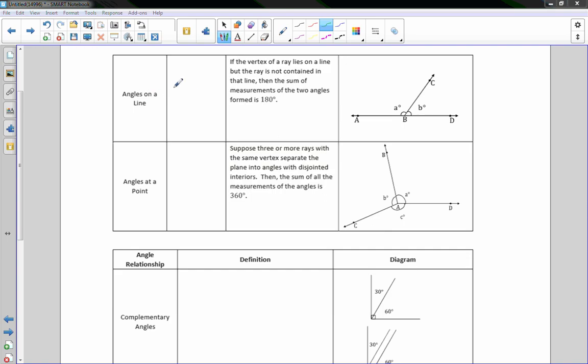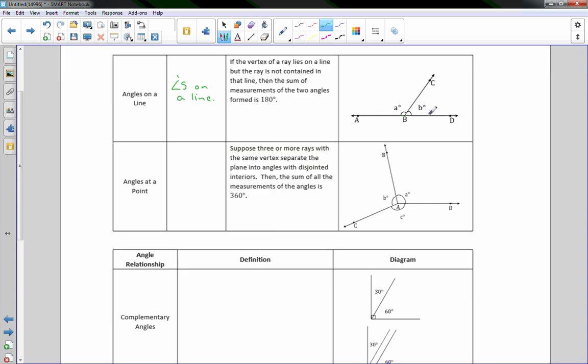Okay, this says angles on a line, so we use the angle apostrophe S symbol. The other thing we can abbreviate there is the word angles. So angles on a line, and it says if the vertex of a ray lies on a line, which is right here, but the ray is not contained in that line.